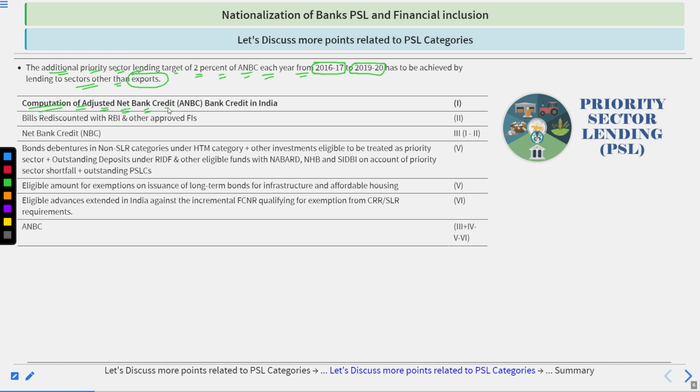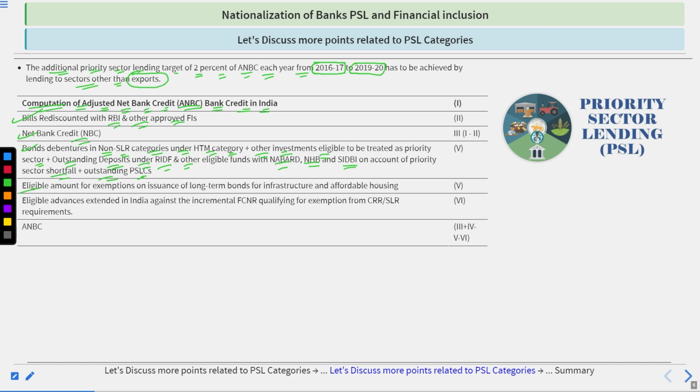Computation of adjusted net bank credit, ANBC: bank credit in India, the bills rediscounted with Reserve Bank of India and other approved financial institutions, net bank credit. Bonds and debentures in non-statutory liquidity categories under HTM category, plus other investments eligible to be treated as priority sector, plus outstanding deposits under RIDF and other eligible funds with NABARD, NHB and SIDBI on account of priority sector shortfall, plus outstanding PSLCs.